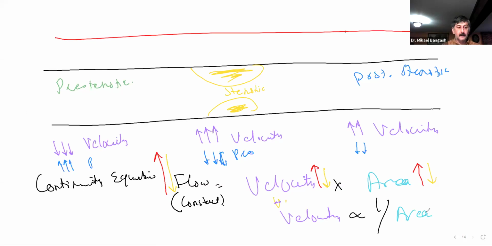If the velocity is increased, that's because we have a smaller area. Or if the velocity is greater, that's because we have a smaller area.